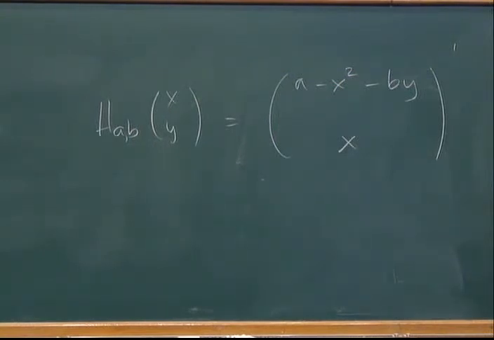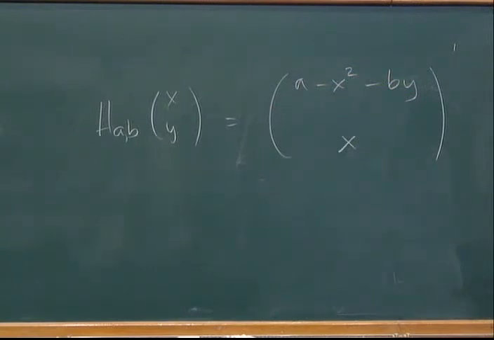And if b is small, the Henon map is a small perturbation of the unimodal family. So if you start with a hyperbolic parameter a, that is, if you make the unimodal map hyperbolic, and you perturb it a little bit, adding b very small, then the map you get is a hyperbolic perturbation of a unimodal map.